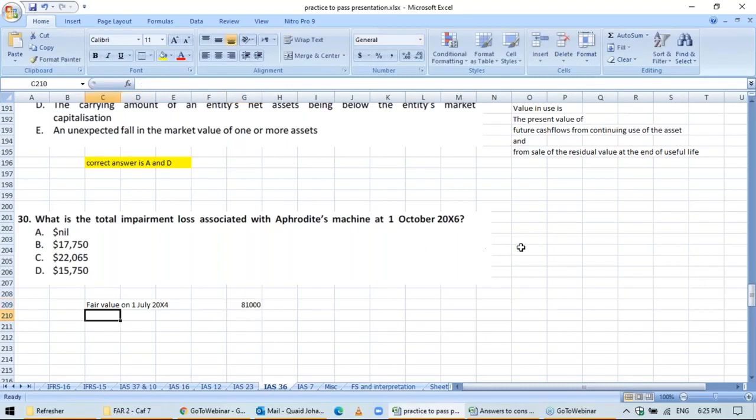Now the new date about which they are talking is 1st of October 2006. Means from this date, 1st July 2004, the revaluation date, we are talking about a time after 2.25 years.